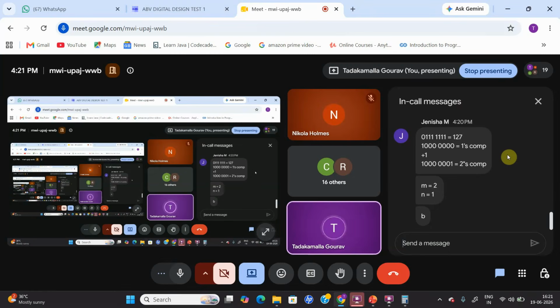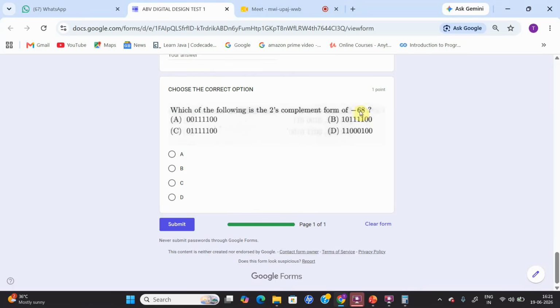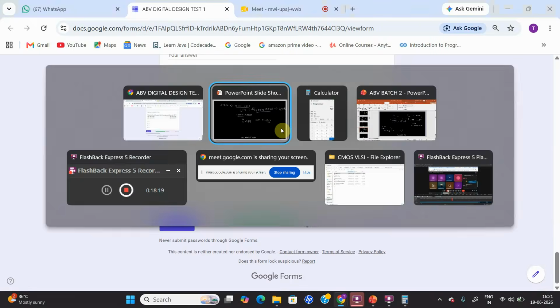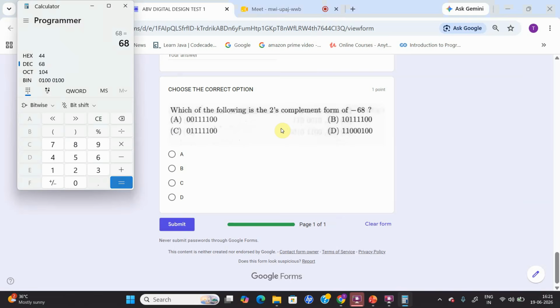B. So first of all, you can write down the original value of 68, and then perform two's complement of 68. So 68's original value is basically 01000100, which if you perform the two's complement, you are going to get this particular value, which is B.